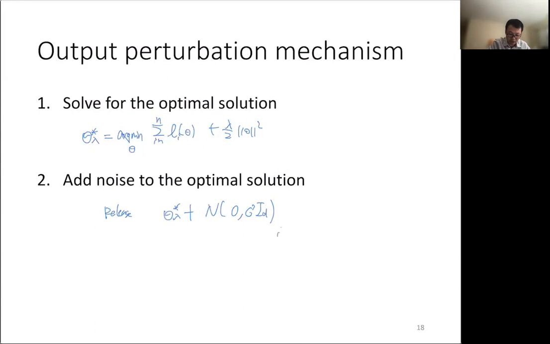So if epsilon is smaller than 1, we can choose this by the classical Gaussian mechanism. We can choose this sigma to be proportional to the global sensitivity, that is L over lambda, times 1 over epsilon, times the square root of 2 times log 1.25 over delta, and that gives you epsilon delta DP.